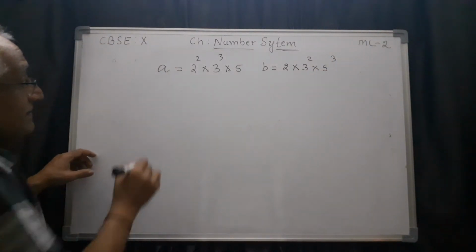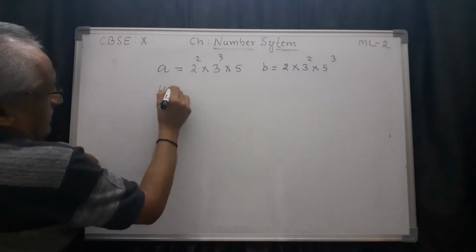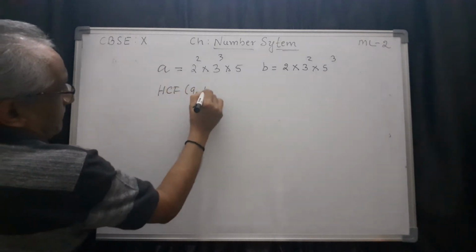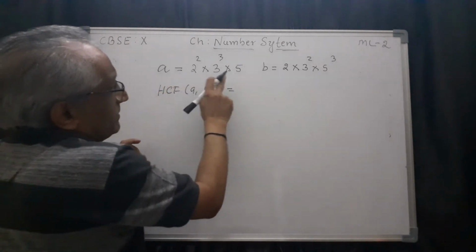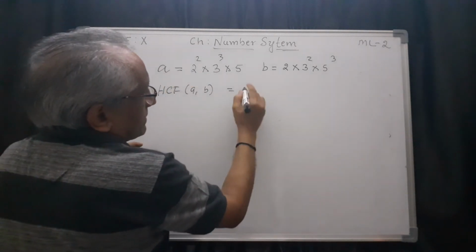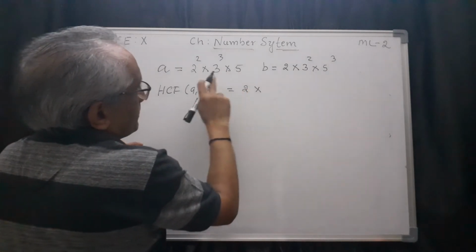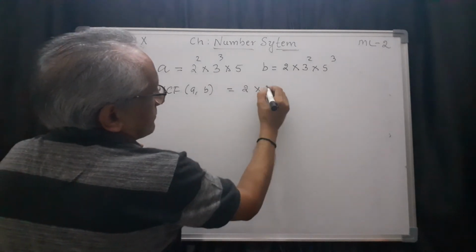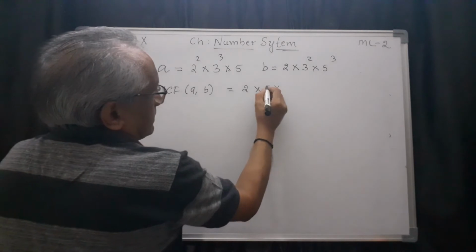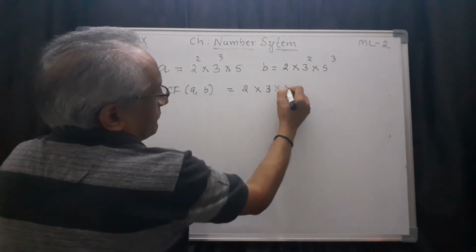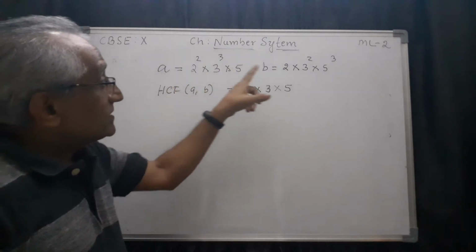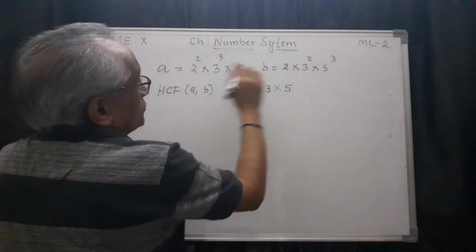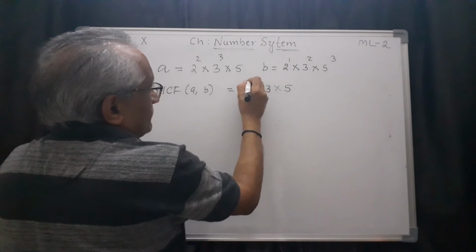Now what is the HCF of a and b? The method is this. You must always find the common factor. 2 is here, 2 is here, therefore I have to write it. Then 3 is here, 3 is here, therefore I have to write it. Then 5 is here, 5 is there, I have to write it. Then for HCF, you have to write the lowest power. See, here it is 2, here it is 1, so I have to write 1.